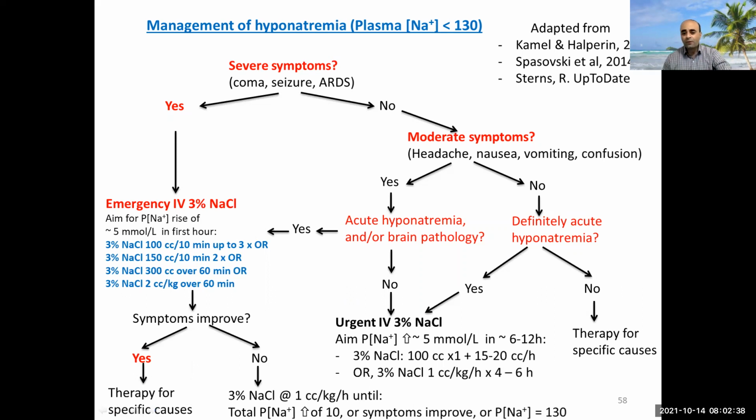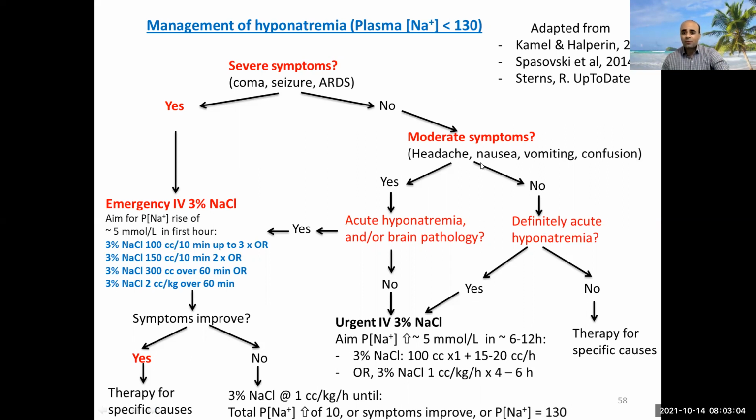If not improved, I will continue hypertonic saline at 1 cc per kg per hour. Some doctors give 10 to 15 to 20 to 50 ml per hour according to monitoring. If your patient is safe in the ICU, you can continue maybe 15 to 20 ml per hour, and check serum sodium, urine osmolarity, and urine output every 2 to 4 hours.